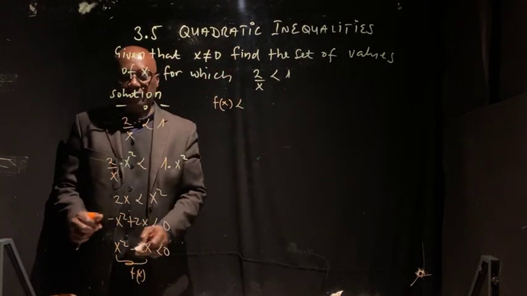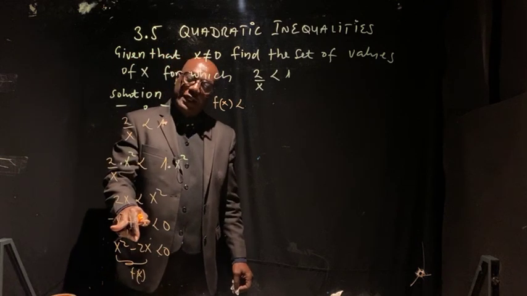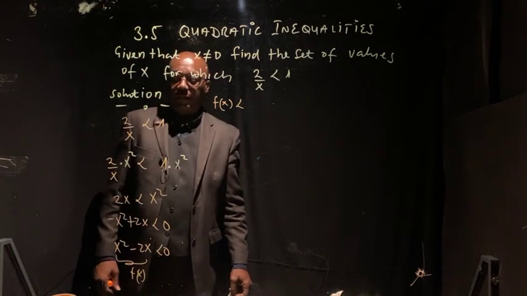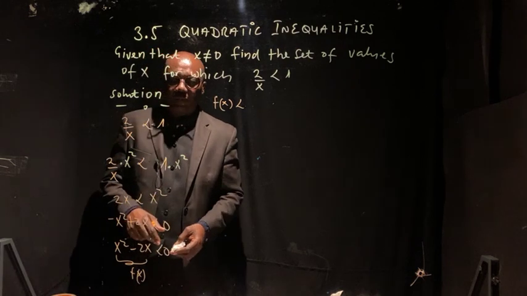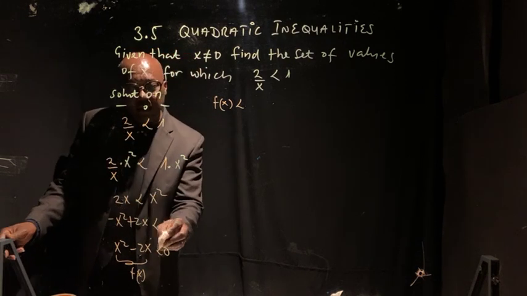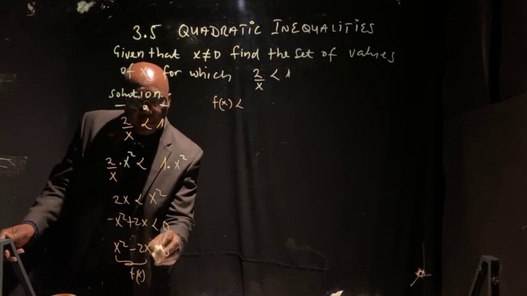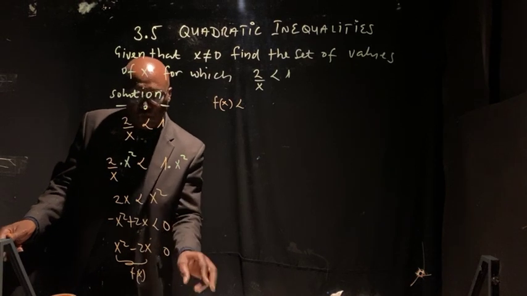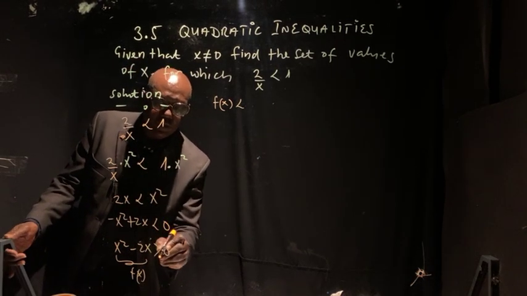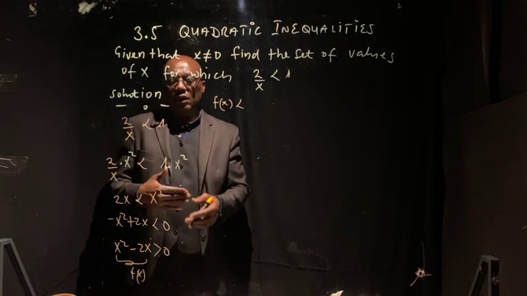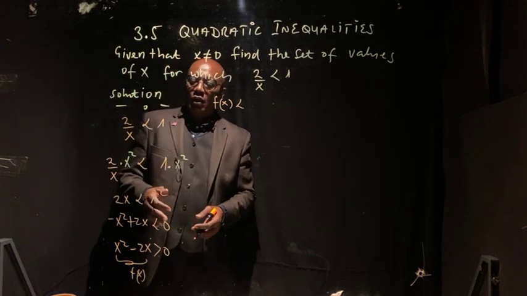Wait a bit. We are multiplying both sides by negative 1. Once we multiply both sides by negative 1, instantly the sign will change. So we have greater than 0 then. Let me repeat myself again.